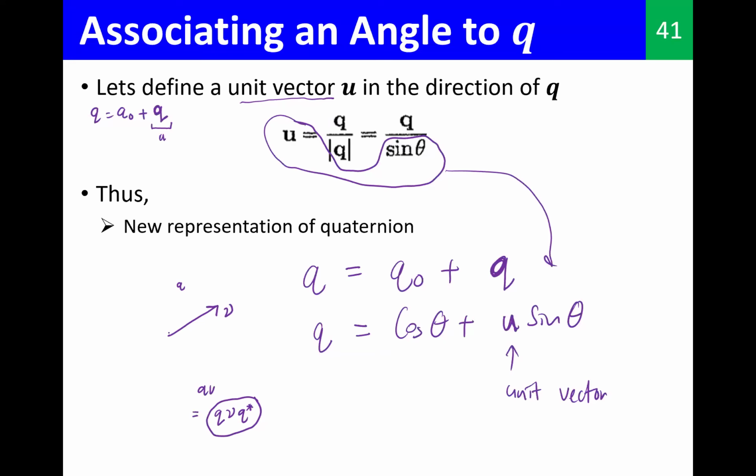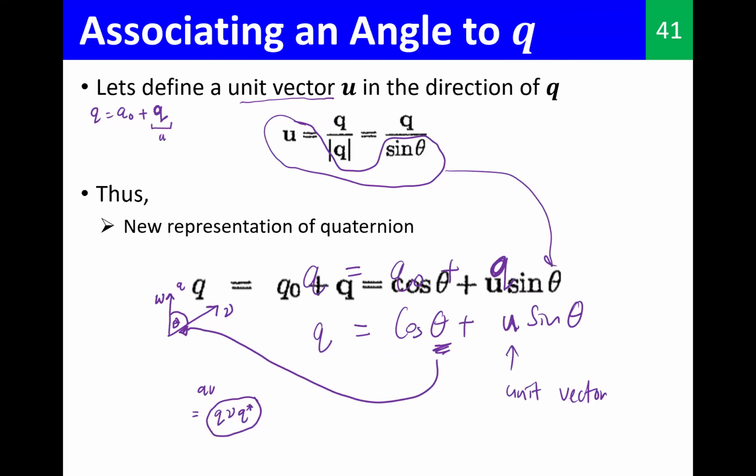So what I next need to find out is, I apply it to v and let's say I get w, whether this angle is theta or not. Because now I have introduced this theta, I have to check whether this angle is theta or not. If that is the case, then that is satisfied.